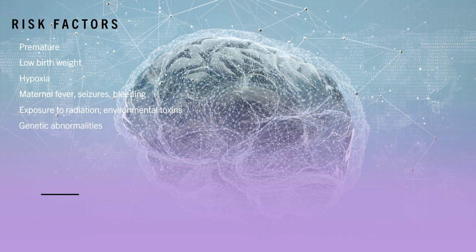We also see genetic anomalies playing a big factor in this. Metabolic disorders can also cause certain levels of cerebral palsy. And maternal or fetal exposure to cytomegalovirus or toxoplasmosis has been known to increase the risk.